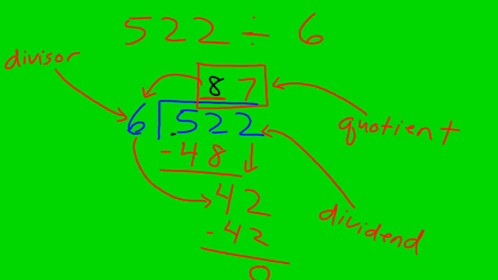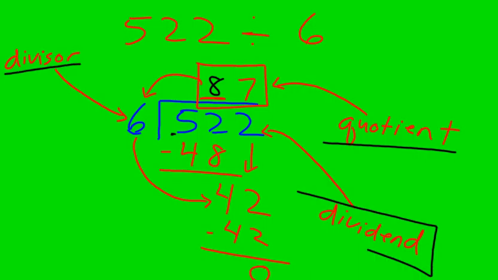What I mean by that is we can take our quotient, we can multiply it by our divisor to give us our dividend. Let me say that one more time. We can take our quotient, multiply it by our divisor, and we can get our dividend. And we should get that if we indeed did do it correctly.